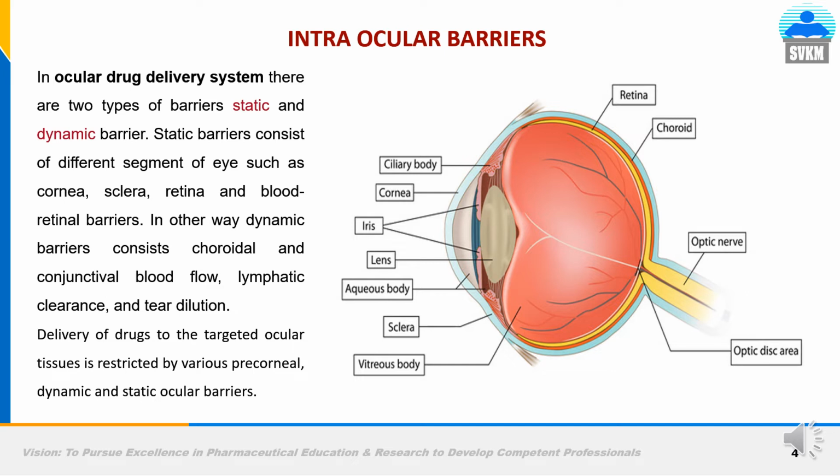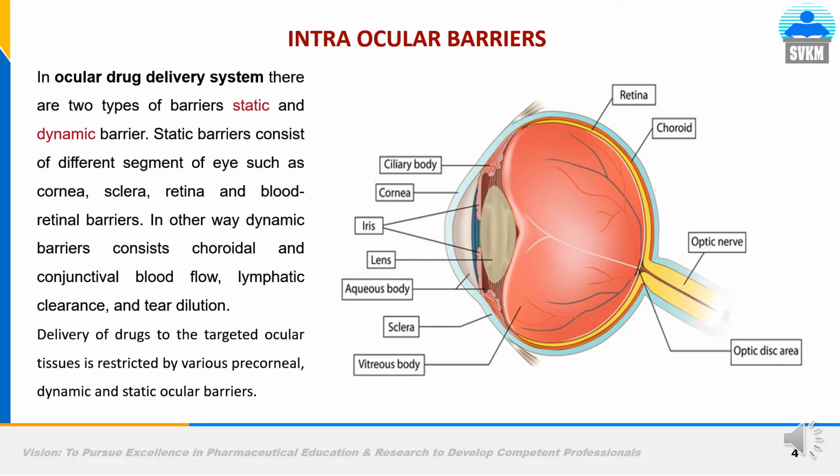So because of dilution, again there are precorneal barriers. Then next is nasolacrimal drainage. What does it do? The drug goes into systemic circulation, which we are not expecting. We want drug to reach the intraocular tissues. And again next precorneal barriers include conjunctival absorption and enzymatic metabolism also takes place.